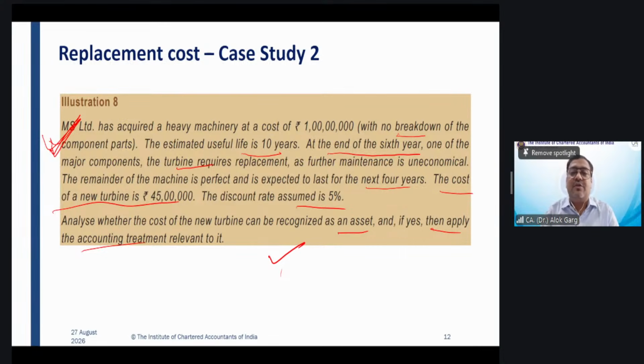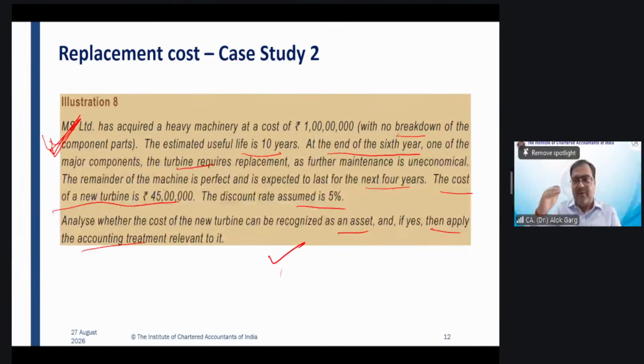If today's cost is 45 lakh rupees, what is the present value of this 45 lakh rupees 6 years back, discounted at 5%? This will give you the present value 6 years back. That will be the value of the turbine, and the remainder is the value of the machine. 1 crore minus whatever value comes will become the remainder of the machine value.